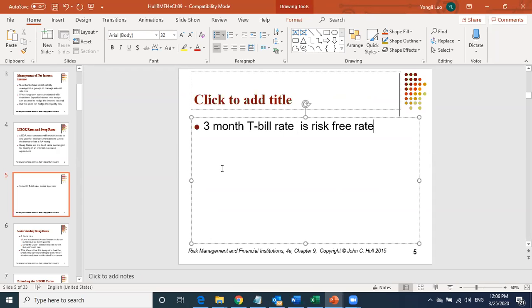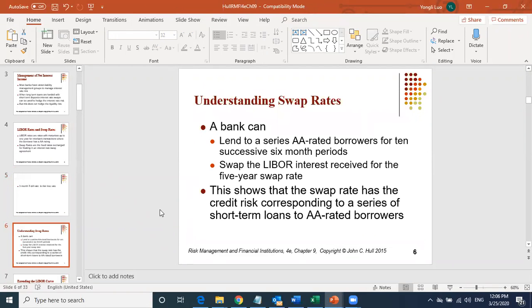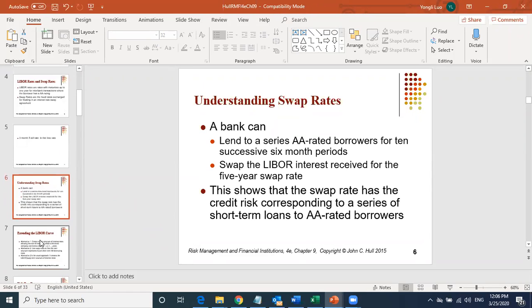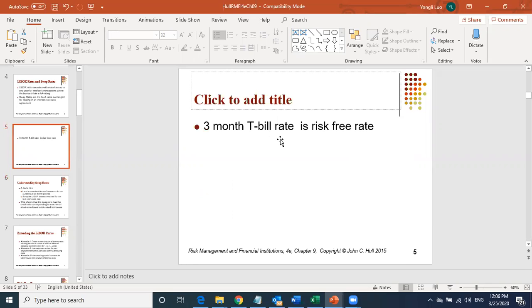Typically, the Fed rate is going to be a little bit higher than the LIBOR rate. The Fed typically adds around 50 basis points.